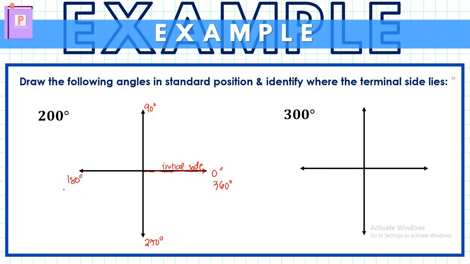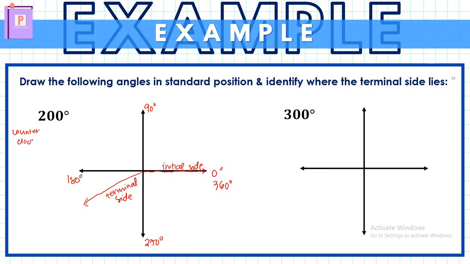So here is 180 degrees. This is 270. Obviously, 200 degrees will fall somewhere in between. So if this is 180 degrees, let's try to estimate, add 20 more degrees to get 200 degrees. Therefore, this will be our terminal side. Again, to be more specific, this is a positive angle.